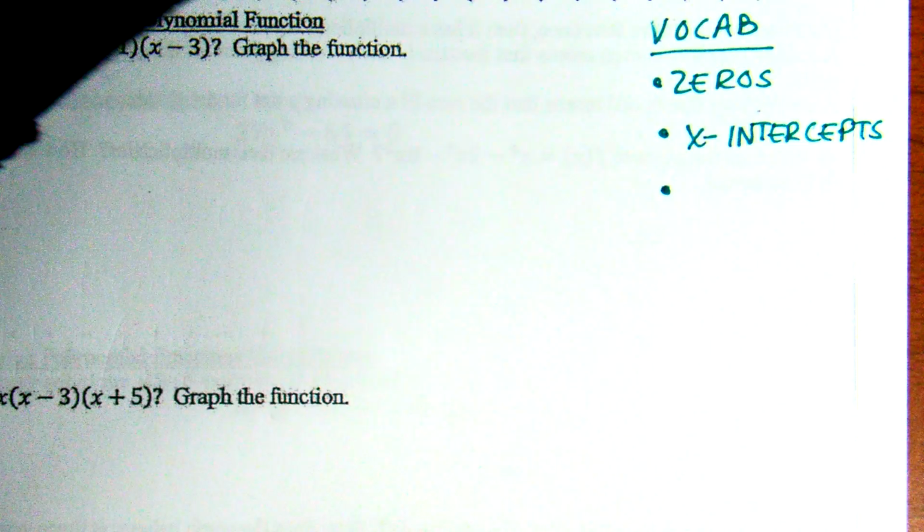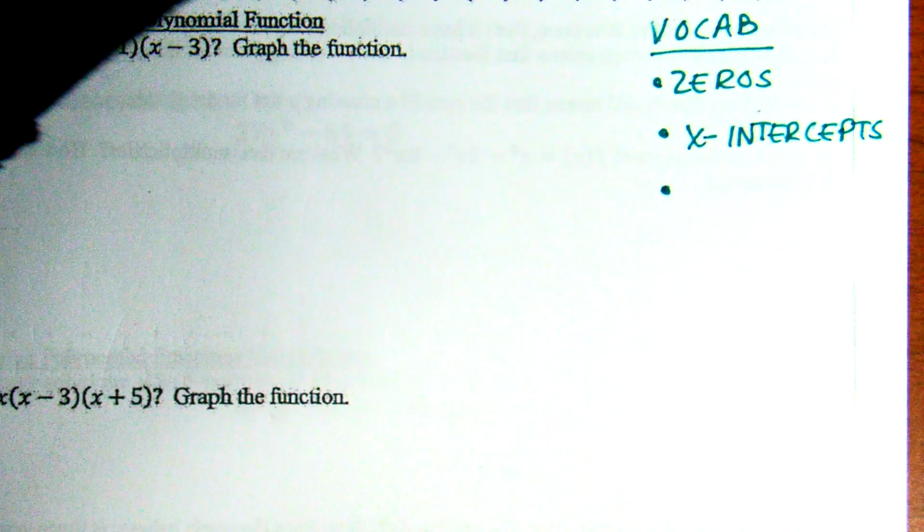They're also interchangeable with the idea of roots or solutions to a problem. So if we're asking for the solutions or the roots of a problem, we're asking for zeros. We're asking for the x-intercepts.